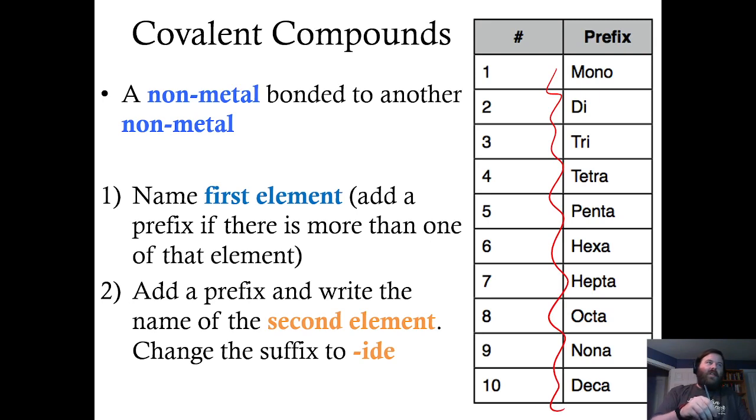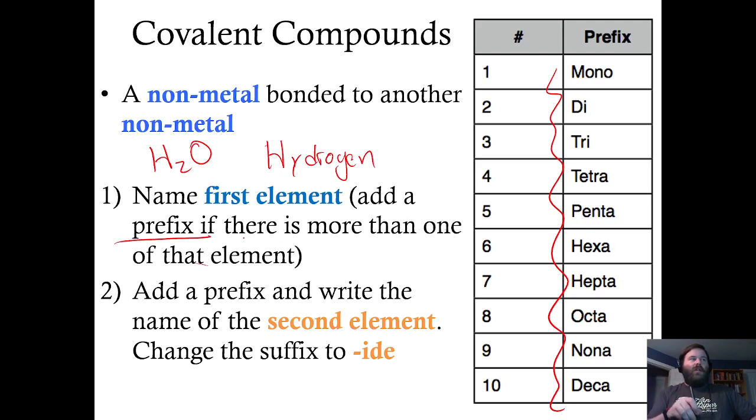Okay, so as an example, let's do the classic. H2O is water, right? But the actual official technical name for it is, okay, you write out the first element, hydrogen, and then add the prefix if there's more than one.